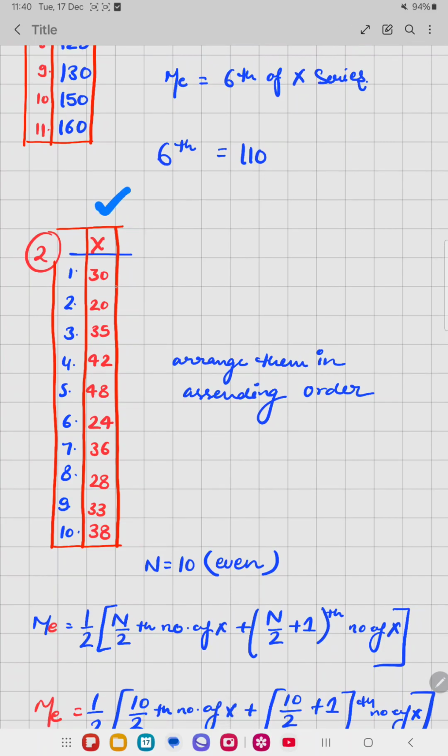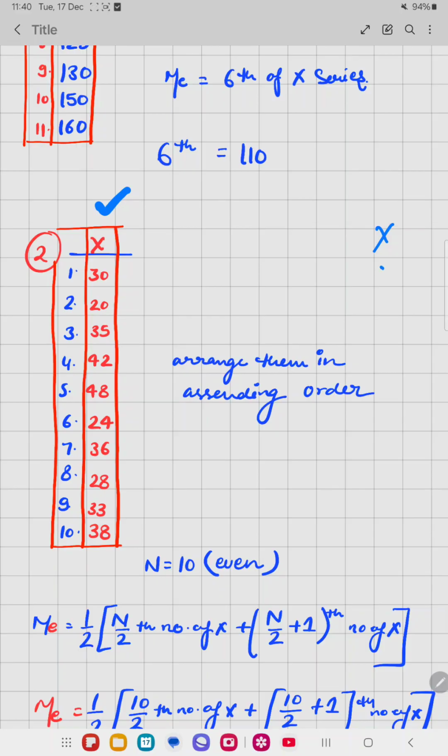So x is given as 30, 20, 35, 42, 48, 24, 36, 28, 33 and 38. So you have to arrange them in ascending order and I'll arrange them first.